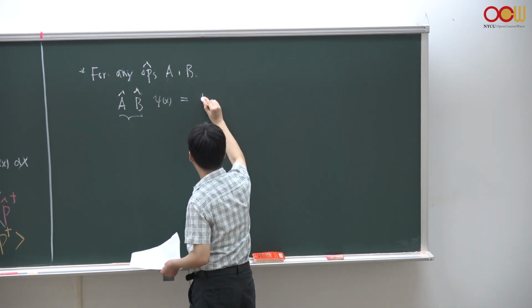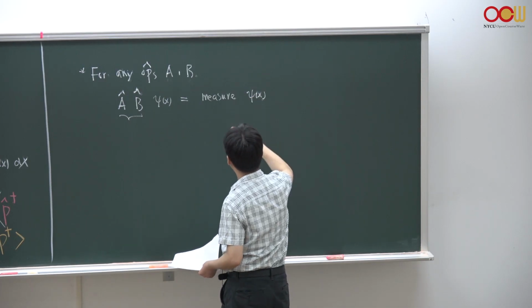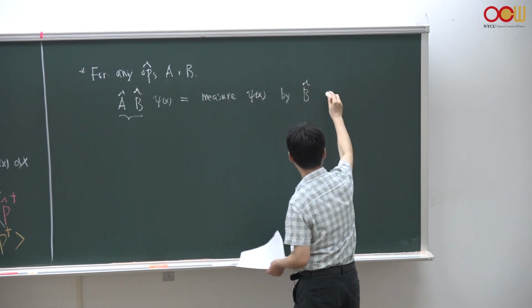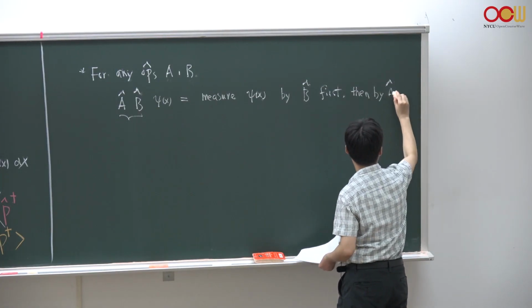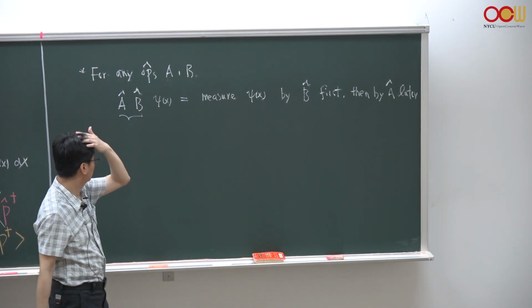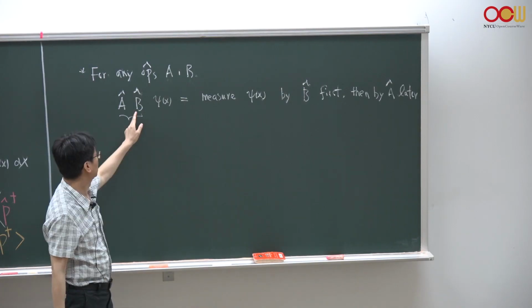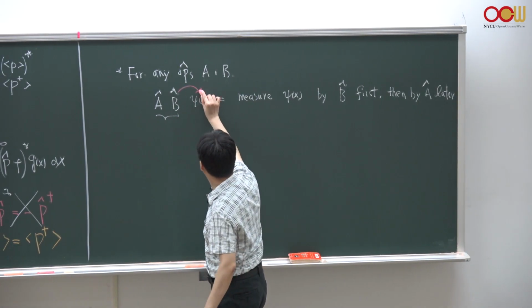So I measure this psi wave function by B initially, then by A later. One is done by applying B onto the psi. This is the first measurement or operation that I take.